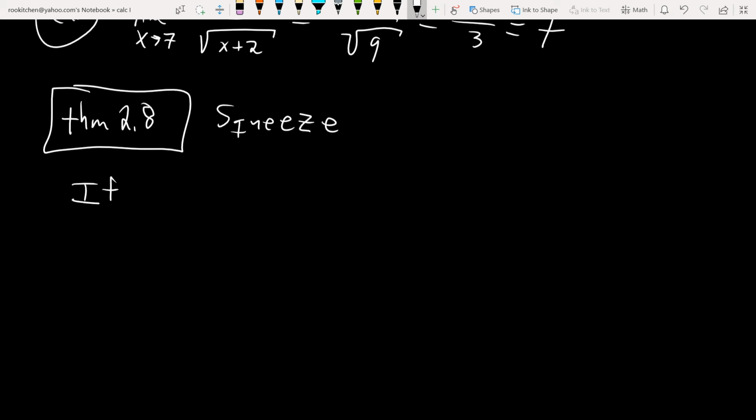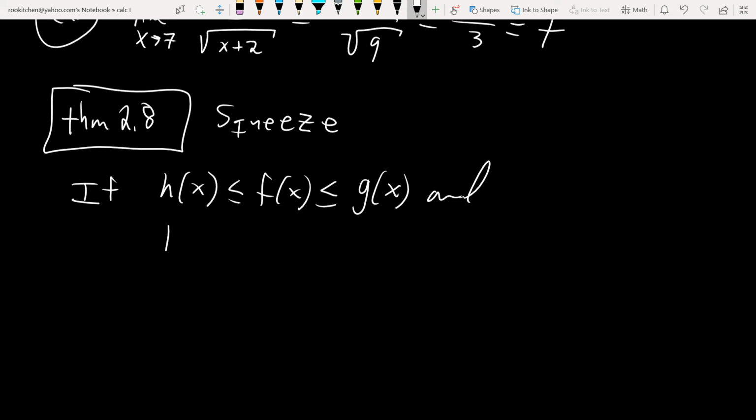So if you have these things that you're taking the limit of, like f of x, okay? And you can find two functions that bound f of x. You know, one is below the other. One's on top, one's below. And you can actually figure out the limits of the outer guys.